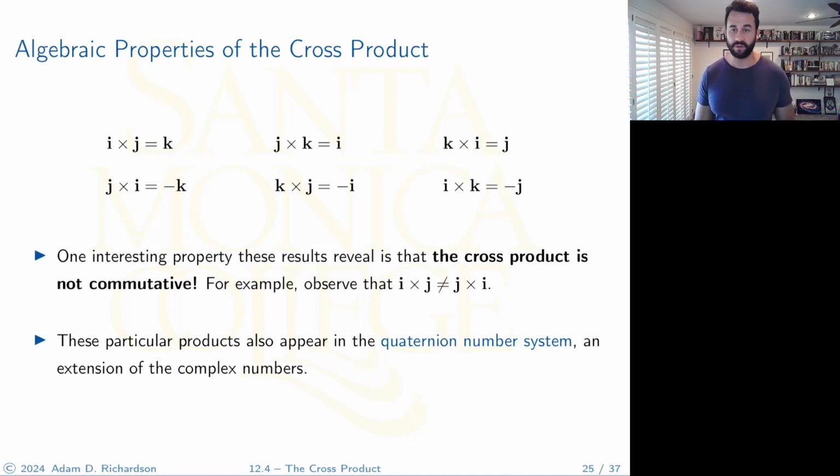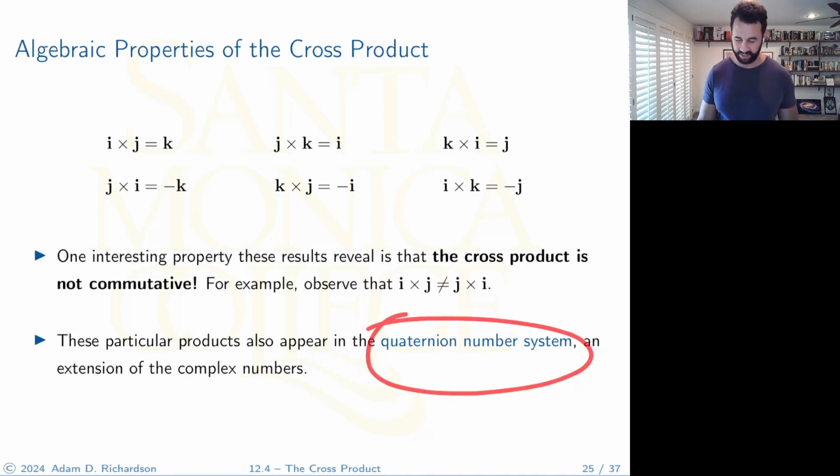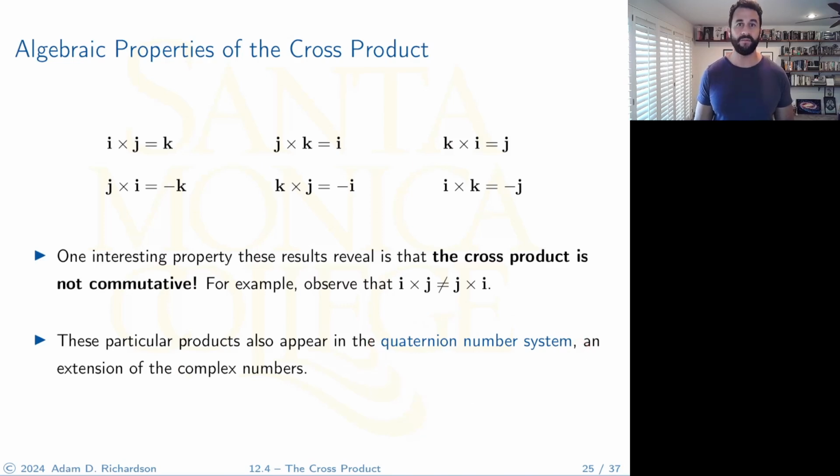Another cool thing is this. If any of you are interested in, say, video game design, I know I talked to one student about this, and he actually mentioned a really cool 3Blue1Brown video about this. But if you want to read up about the quaternion number system, it's a very, very helpful number system if you want to do video game design because it helps you compute three-dimensional rotations very quickly using this new number system.